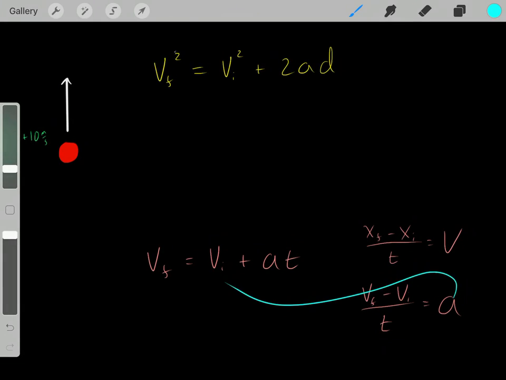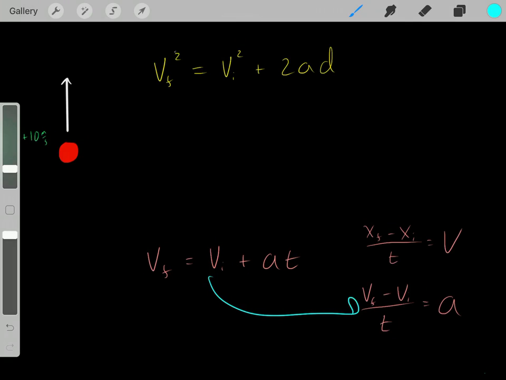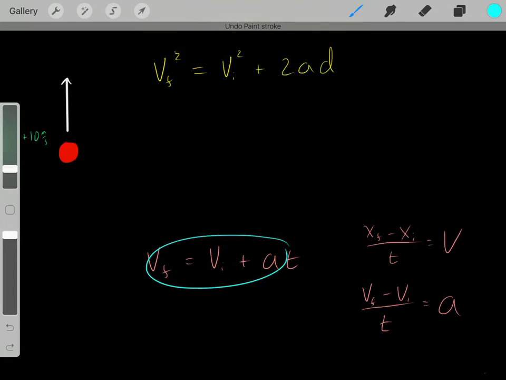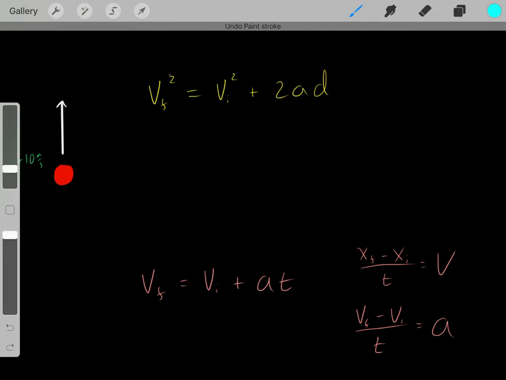And if you were to rearrange this equation, if you essentially multiplied both sides by t, and then added initial velocity, you could get this equation. You would get this equation, which again is just the rearranged definition of acceleration. And notice the similarities of this equation to this equation.